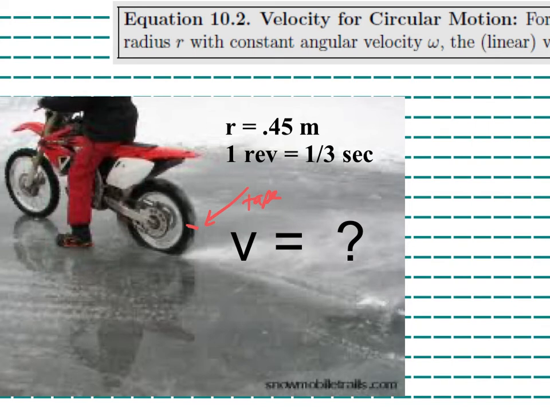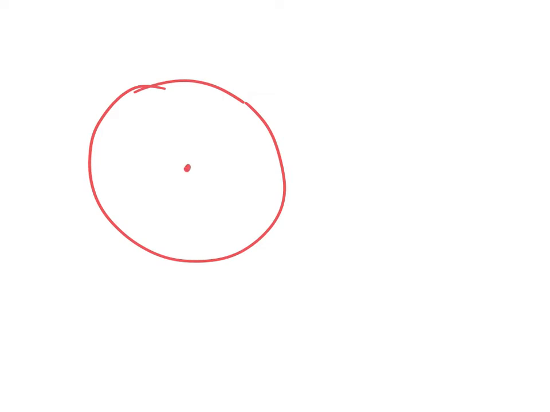I personally am going to use some different numbers than this because I think it'll be easier. Imagine a bike tire, and let's say we have a radius of 8 inches. This is like a little kid's trike tire. There's going to be a little piece of tape right here, and we're going to count how many times it goes around.